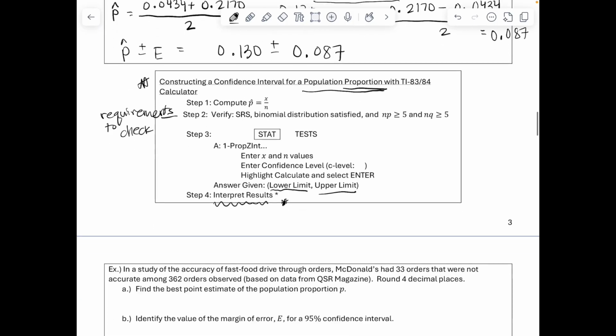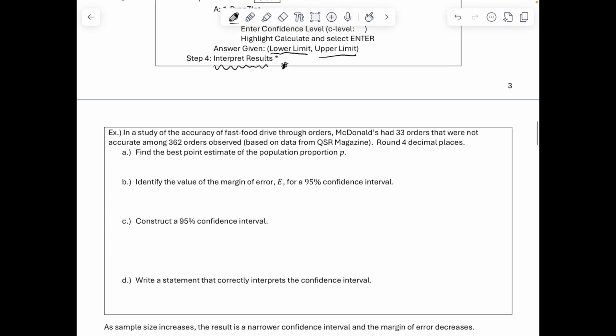At the top of the next page, we have an example that says, in a study of the accuracy of fast food drive-thru orders, McDonald's had 33 orders that were not accurate among 362 orders observed. Round to 4 decimal places. Part A says find the best point estimate of the population proportion p. The point estimate is going to be p hat.